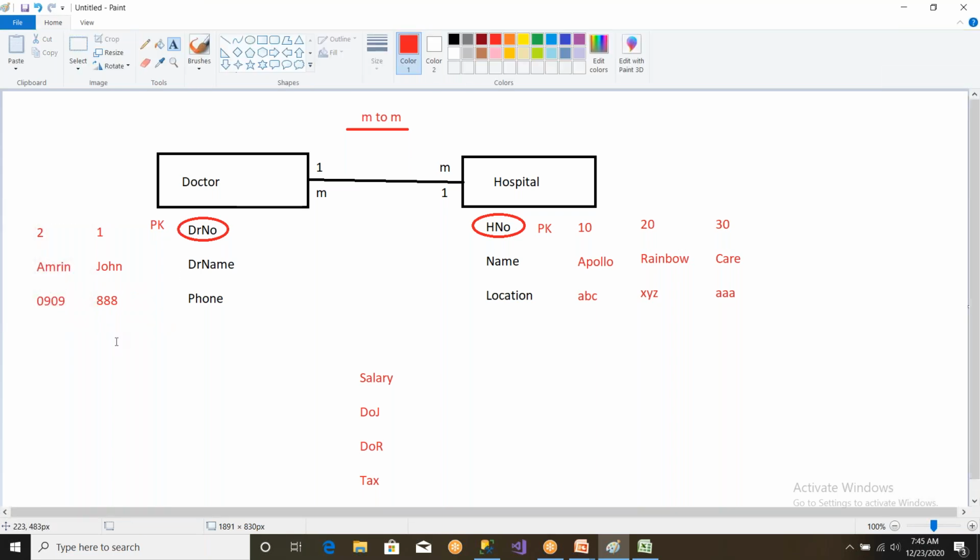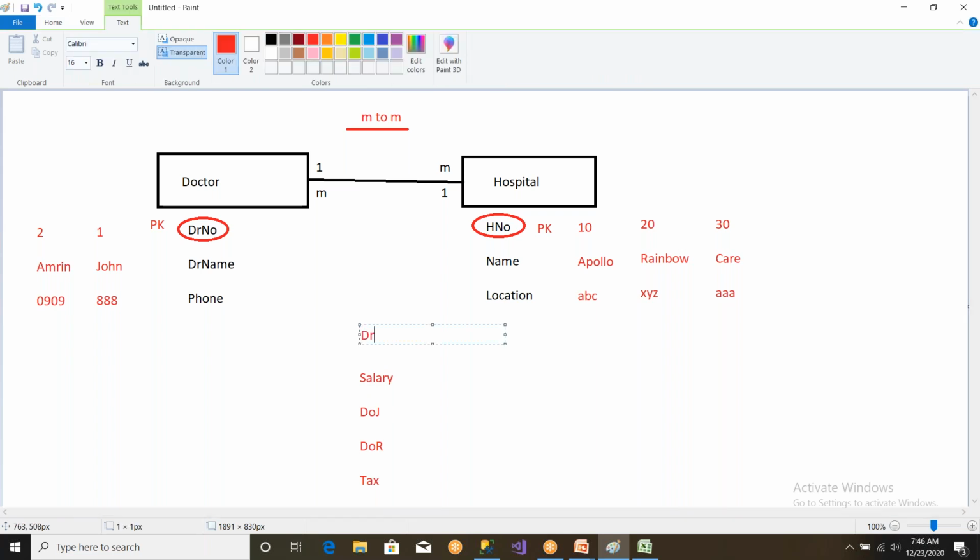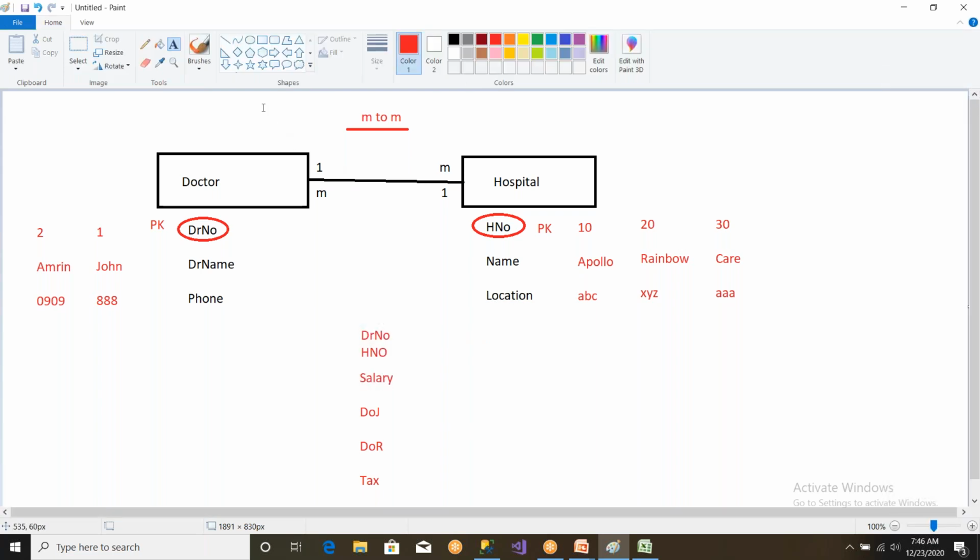These attributes which are getting more and more data need to be separated from this table, and include doctor number as a foreign key and hospital number as a foreign key. Now you create this as one more table.